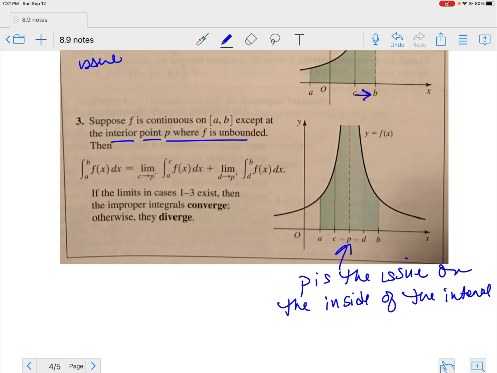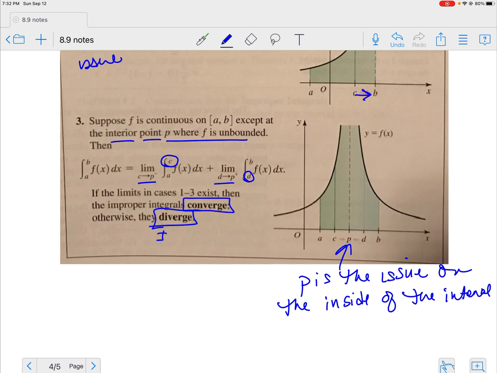So you have to account for that issue. You just split it up. See how this is? So I'm going to approach P from the left and I'm approaching P from the right as I'm looking at this, because of the C that we have and the D that we have down there.